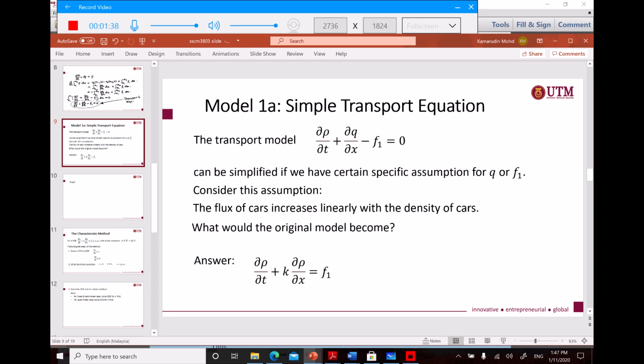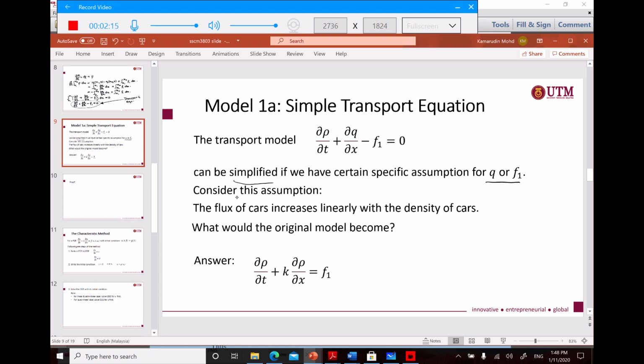So that's why we need to simplify with certain assumptions for terms Q and F. Okay, so in this case, we have the assumption for Q in relation with rho, and F1 also, if we have the assumption for it, especially if it is in terms of x and t, not rho, in terms of x and t, then this equation can be solved using the method of characteristic equation.